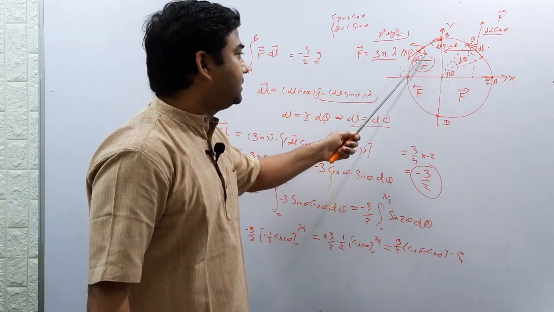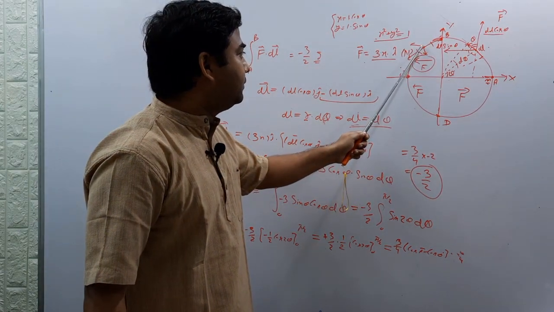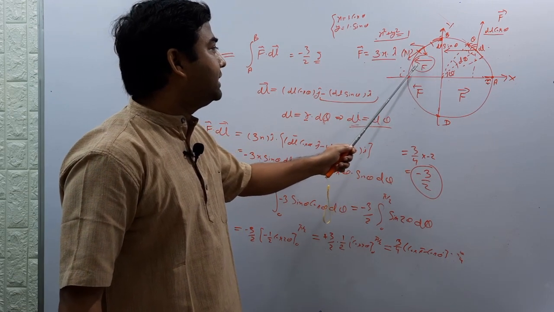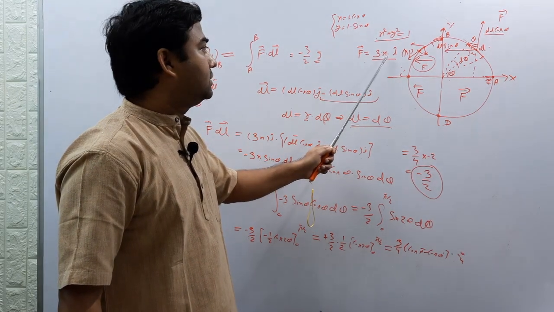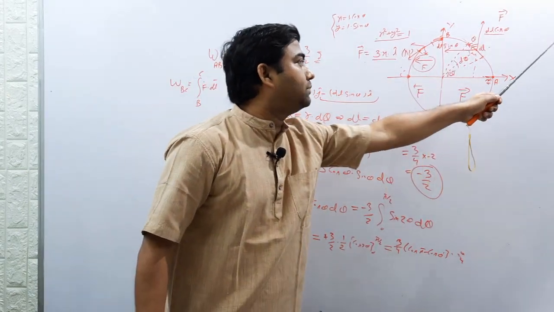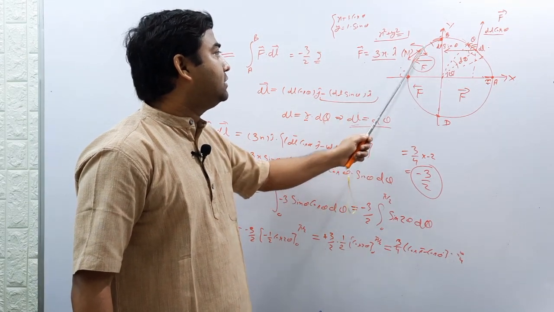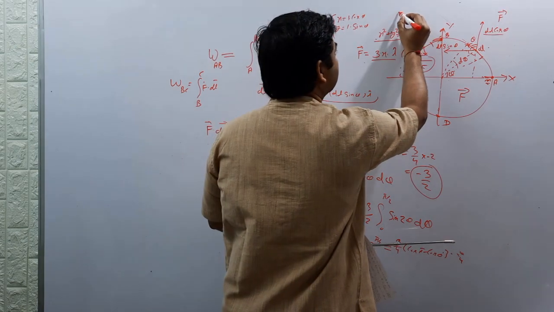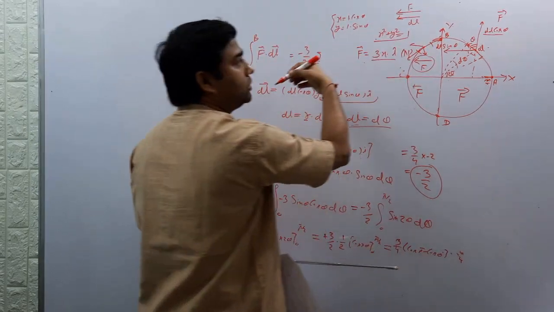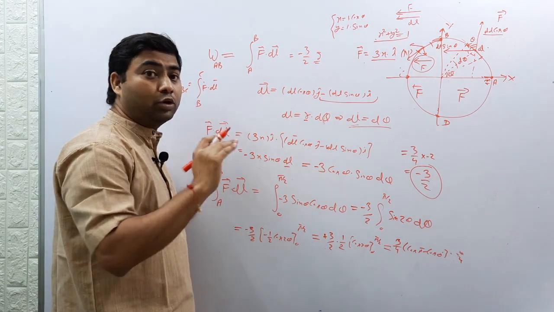The vertical downward component has 0 dot product with F, and the other component of the displacement vector will be in the negative direction. The force is also in negative direction because x is negative in this quadrant. In the previous quadrant the force was in positive direction because x was positive, but here x is negative, hence the force is also negative. So the force and the horizontal component of the displacement vector are both in the same direction, hence their dot product will be positive.